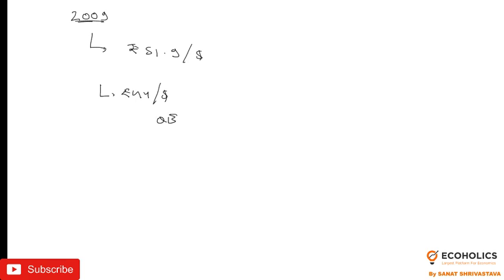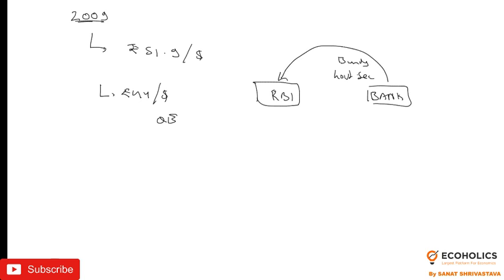Easy money policy. Under easy money policy, what does the central bank do? The central bank actually purchases government securities in the form of bonds from the commercial banks. Whenever they purchase government securities from the banks, RBI in return gives banks more money.